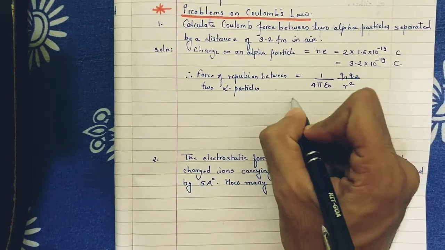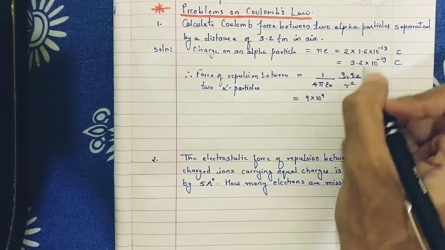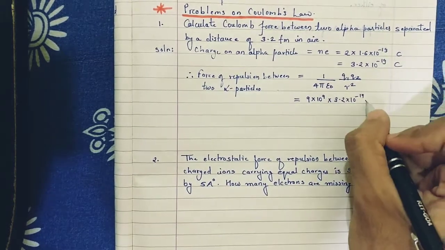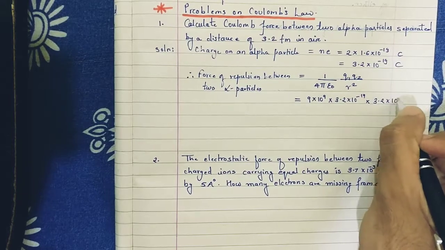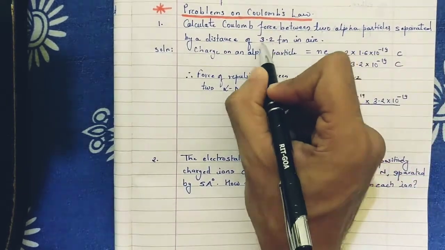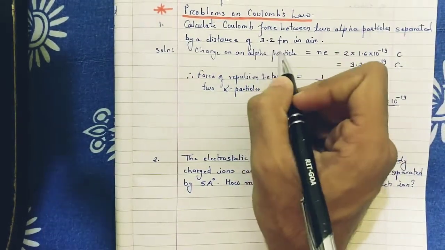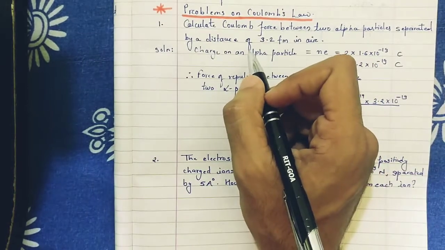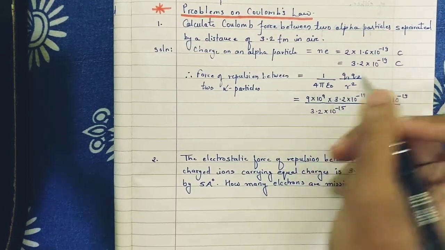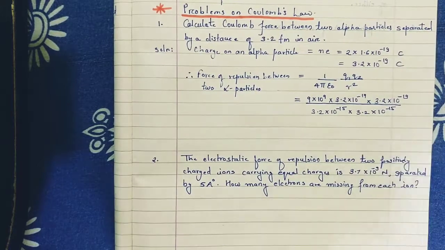Let's substitute: 1 upon 4 pi epsilon naught is 9 into 10 raised to 9, Q1 is 3.2 into 10 raised to minus 19, Q2 is the same, divided by R square. R is given as 3.2 femtometer. The conversion of femtometer, or Fermi, to meter is multiplied by 10 raised to minus 15. So the distance is 3.2 into 10 raised to minus 15, squared.